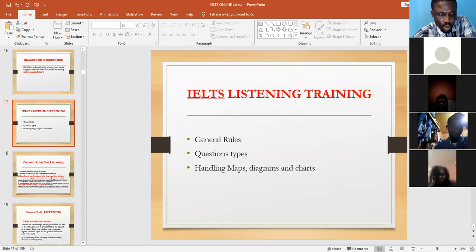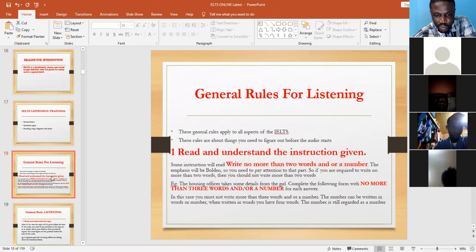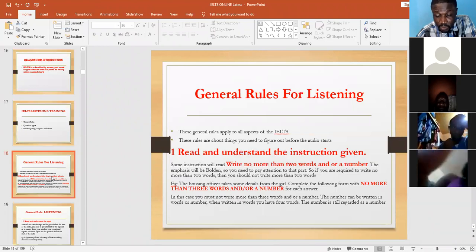Okay, so the number one thing about the general rule, I've changed my slide now, is that you need to read and understand the instruction. For every exam this is standard, but in IELTS listening you have no time at all. So in the space of 30 seconds that you are given in every section, these 5 rules must be observed.